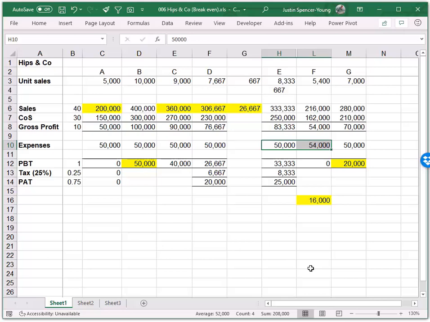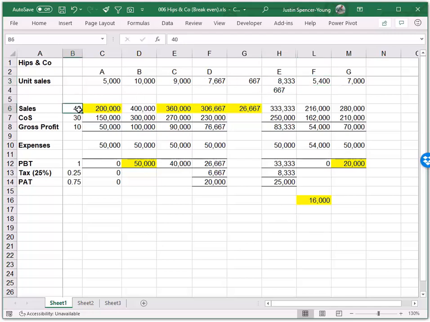So the moment I see an increase in the fixed expenses, I calculate a new break-even calculation. So I want to understand what sales is required at this new fixed cost. So if we use our break-even rules, our profit is 0, our fixed expenses are 54,000, and at break-even, the gross profit and the expenses are the same. GP divided by margin gets you units.